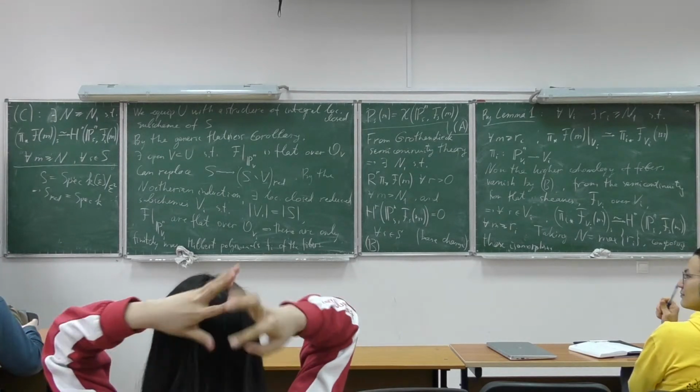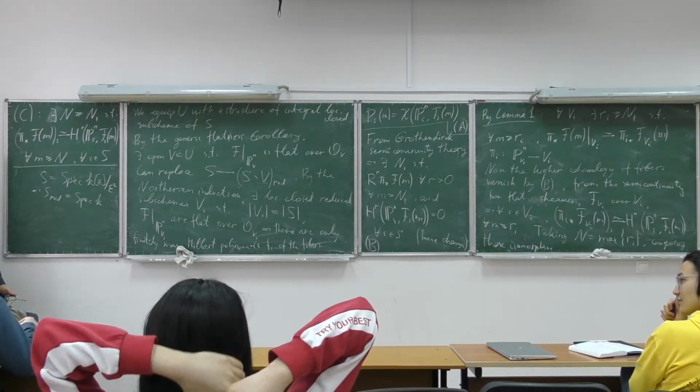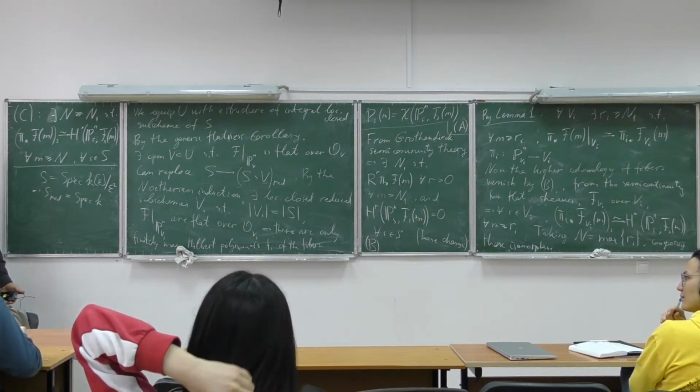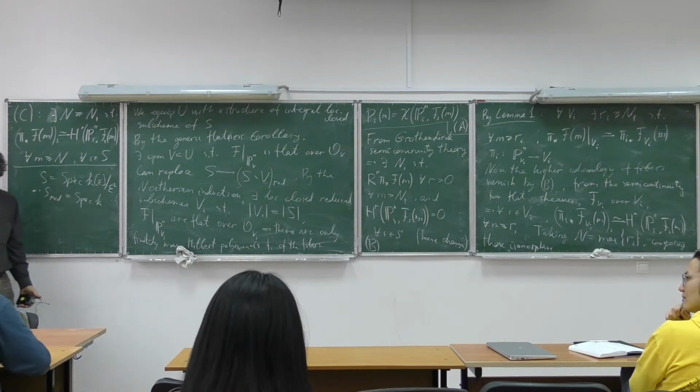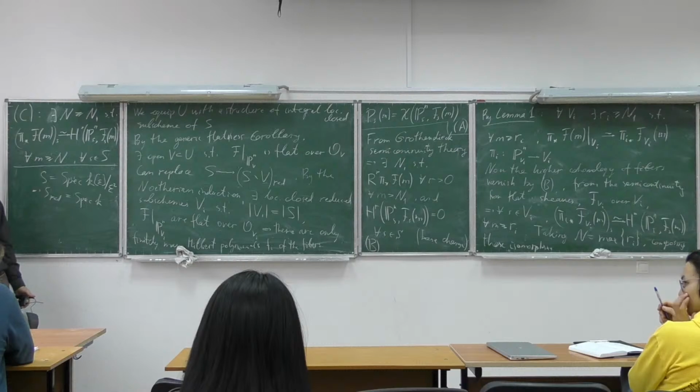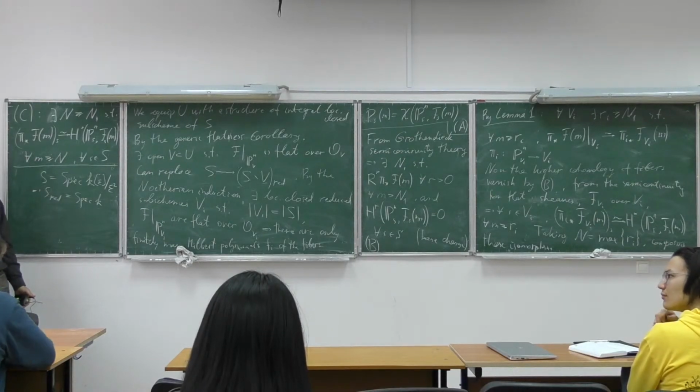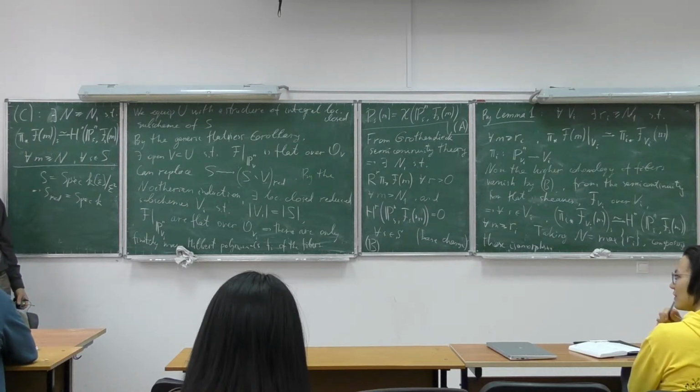This is in general a closed subscheme of S, the maximal reduced subscheme. Why is it closed? Because it is defined by an ideal, the nilradical.